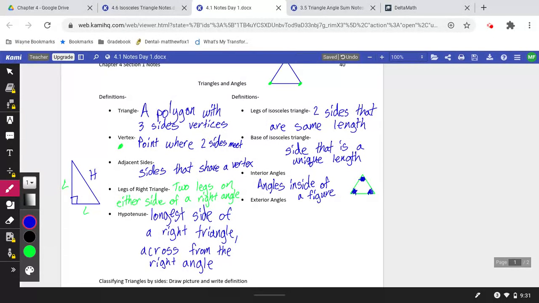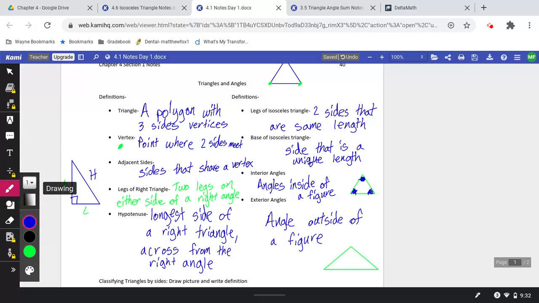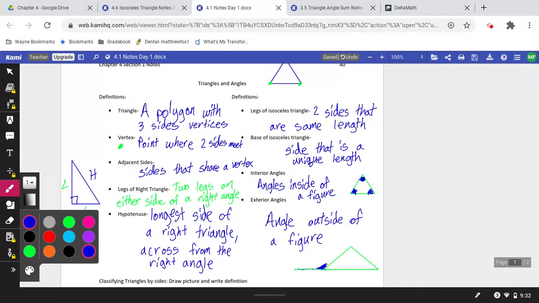And likewise, our exterior angle, we talked about this yesterday, it's the angle outside of a figure. So we have that shape. The exterior angle here would be right over here. So that's just kind of some vocabulary to get us started for today.